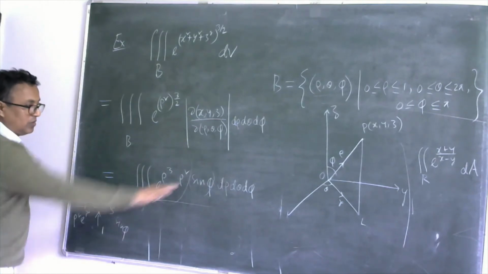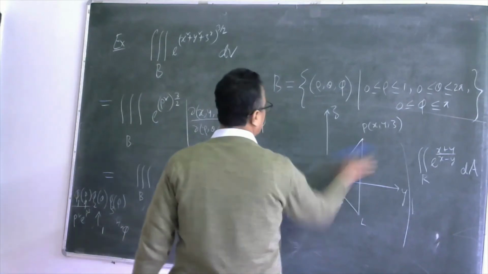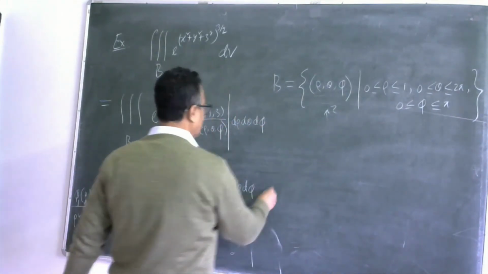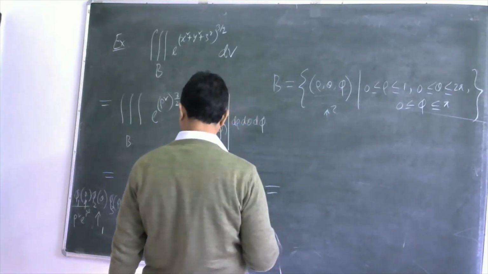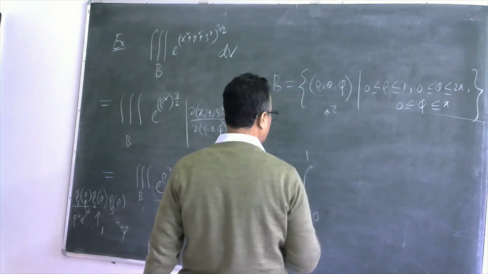Okay, so if I want to work it out, you already know how to go about it. We can easily separate the variables. So this is going to be rho going from 0 to 1, right?